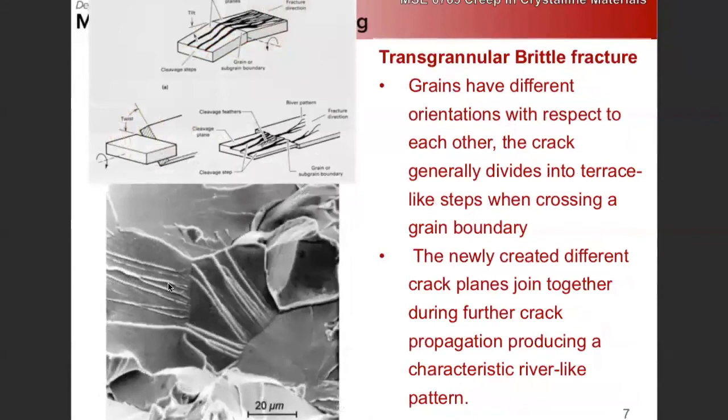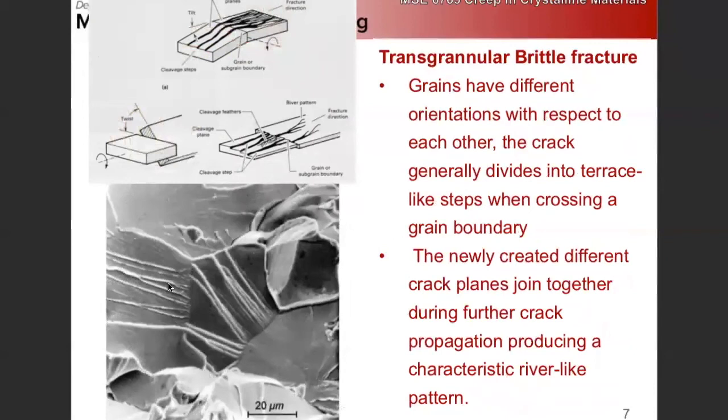These step features are actually called river markings or river patterns. Some of you may have heard that term before. Essentially, remember the fracture plane wants to be 100, but it's going across multiple grains at once.